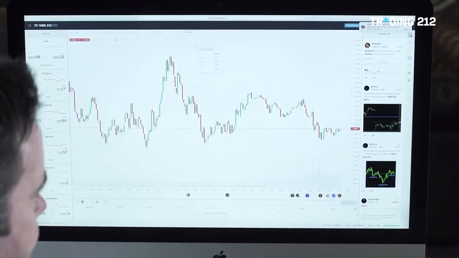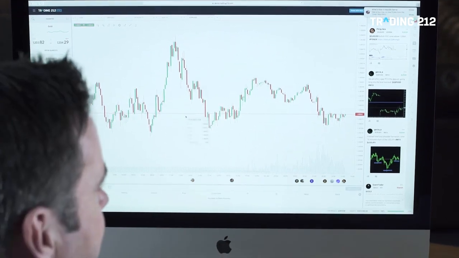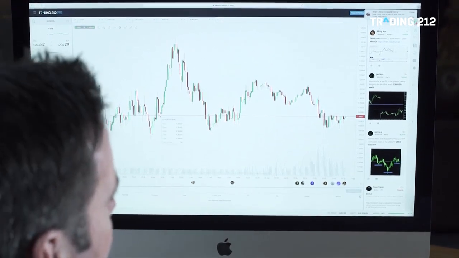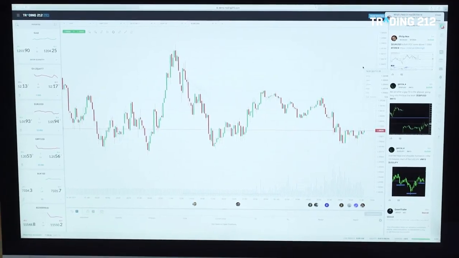So euro dollar over the last few days or so. So if I thought, well, the euro has come back down to this area around 105.90, and whenever we've been here the last few days, the euro's gone up. So I may want to take the view, well, in the short term, maybe I want to be a buyer of the euro. So I'm speculating the market's going to move higher from where we are here.